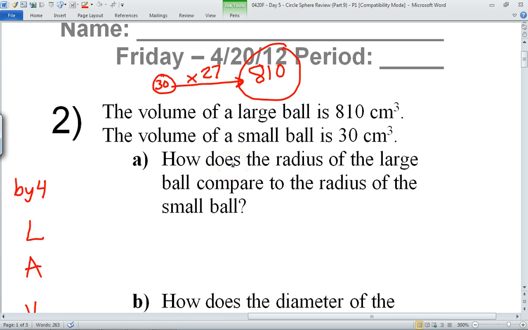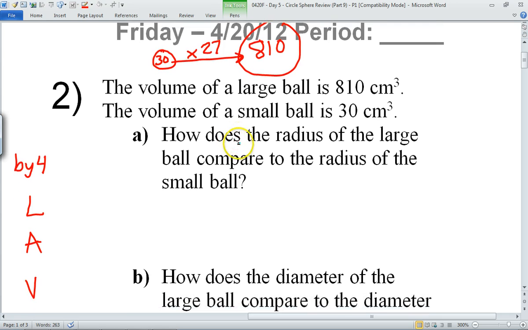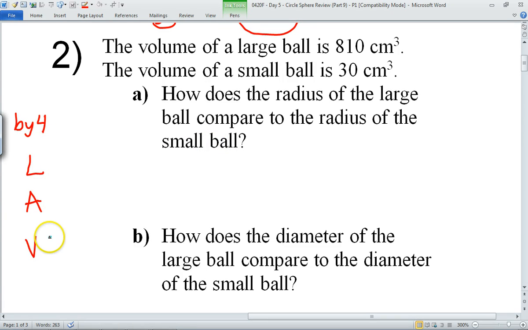The volume is multiplied by 27. So as I set up my little pattern here, x to the third power is the original volume. It became 27 x to the third power. The volume was multiplied by 27. Now, let's work backwards and get to what happened to the length. Okay, this is the key to everything.